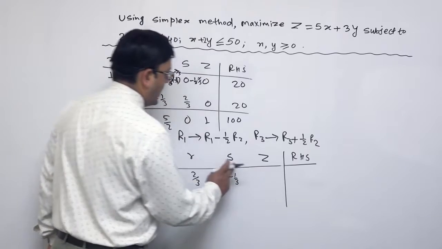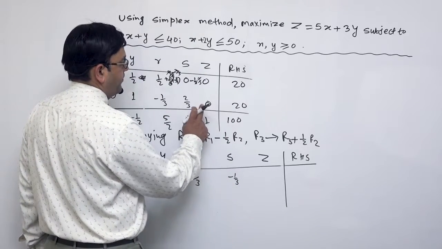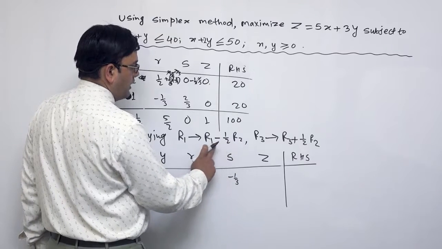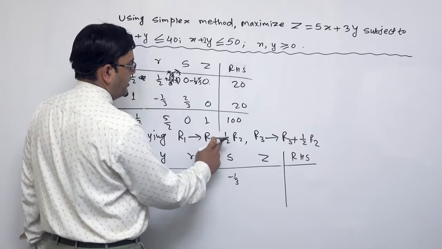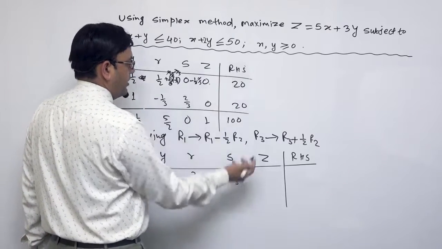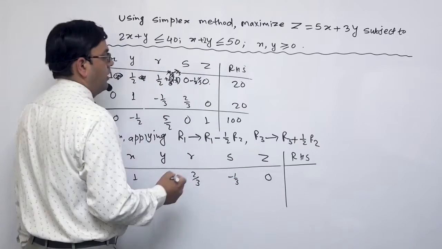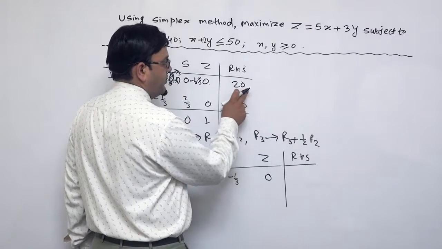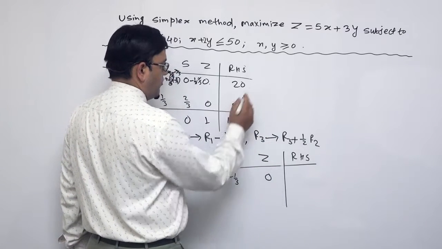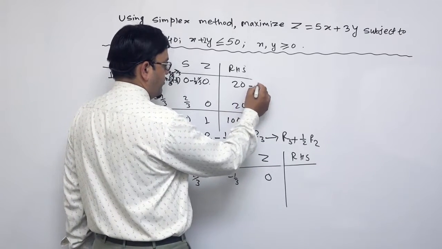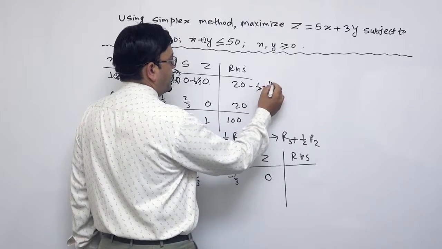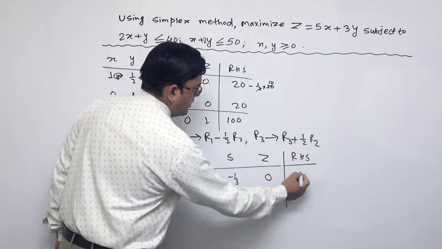Now the next one is z, which is 0. R1 minus 1/2 R2 is 0 minus 0, which is 0. Now another one is 20. R1 minus 1/2 R2 is again 20, and 10 cuts, so 20 minus 10 is 10.